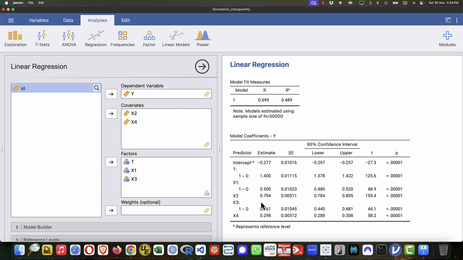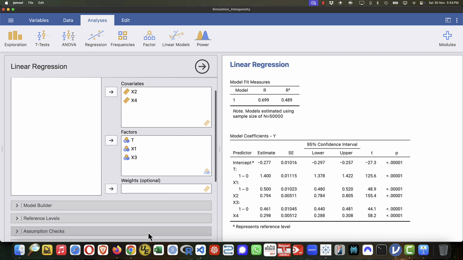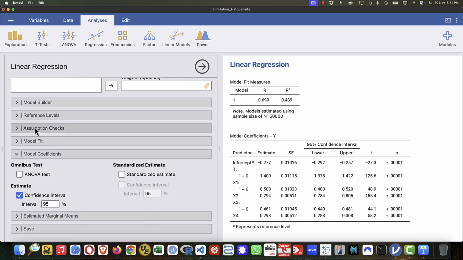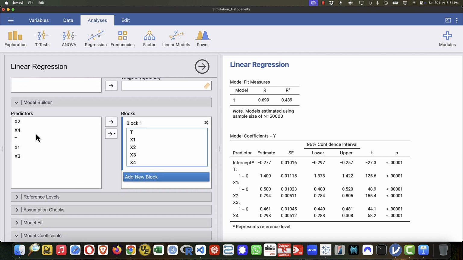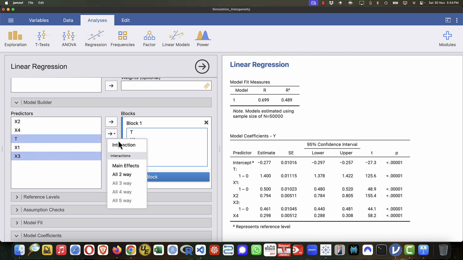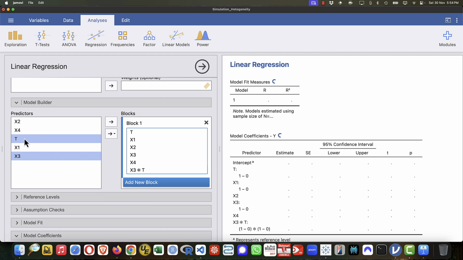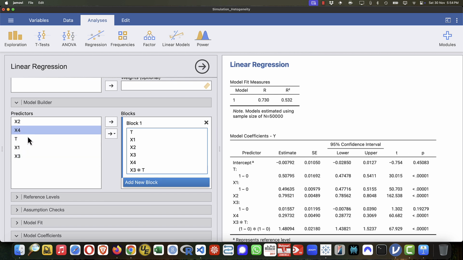Okay, we're not going to try them all. That's a very bad practice, including the interactions of all the variables. Okay, and I'm going to talk about this during the last week of the course. So we're going to try the ones we suspect. Okay, so we're going to say, I want the interaction between, what was it? x3 and t included, and between x4 and t.